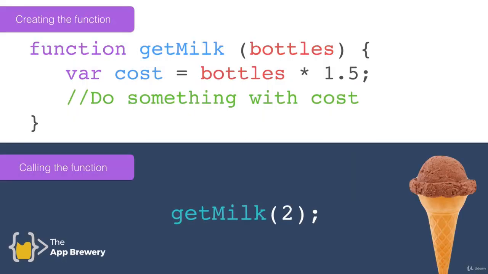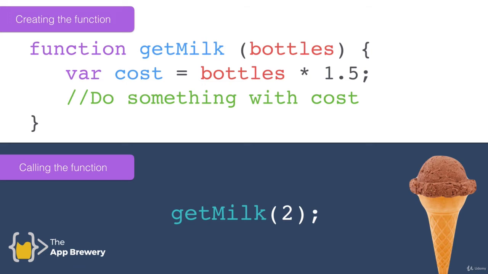We're still giving it the same name called get milk. But in this case, in between the parentheses, we've got the name of the input. And in this case, it's called bottles. Now, that bottles is used much like a variable to contain the input. And we can now use it inside the function to calculate something or to do something with it.